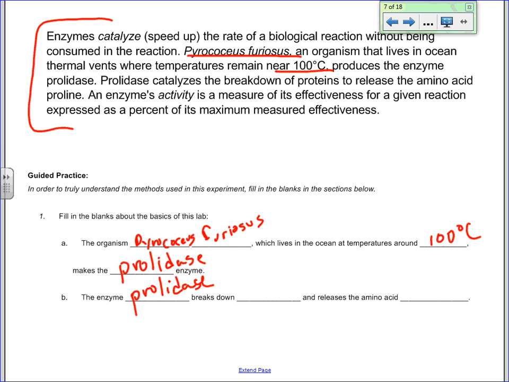Breaks down what? Proteins, and releases the amino acid proline. You can actually pronounce it either way. So right here it says prolidase, the enzyme, catalyzes the breakdown of proteins to release the amino acid proline. Perfect.